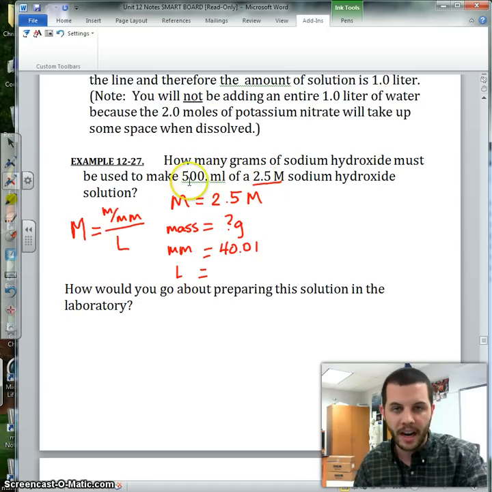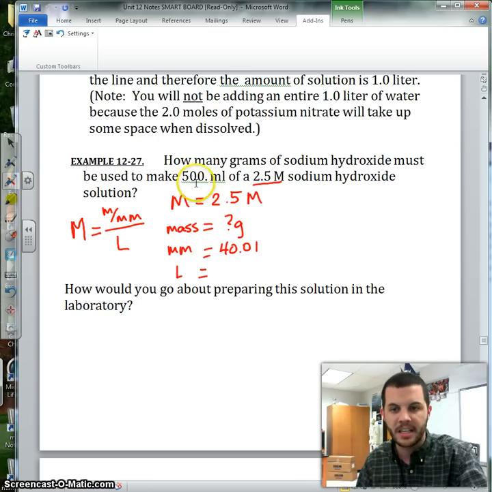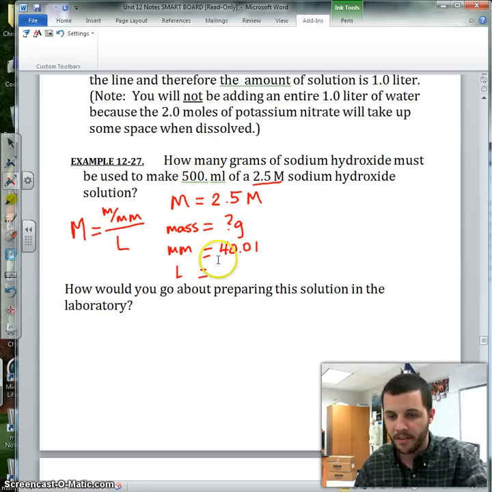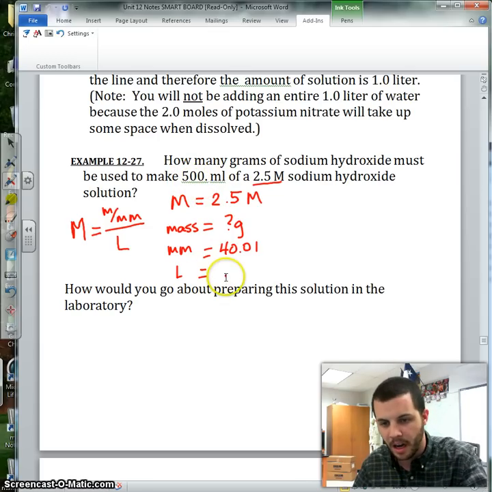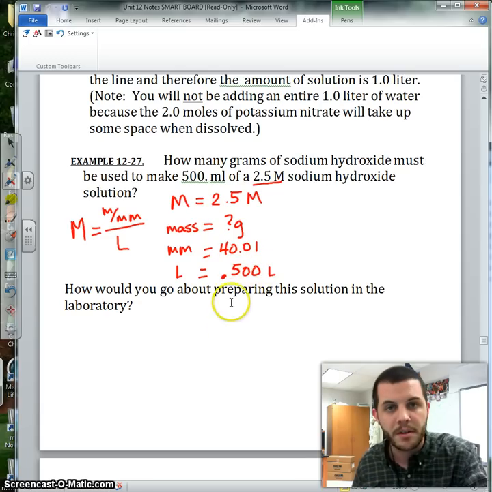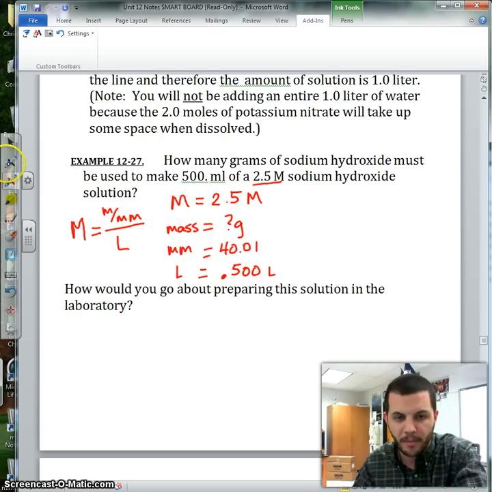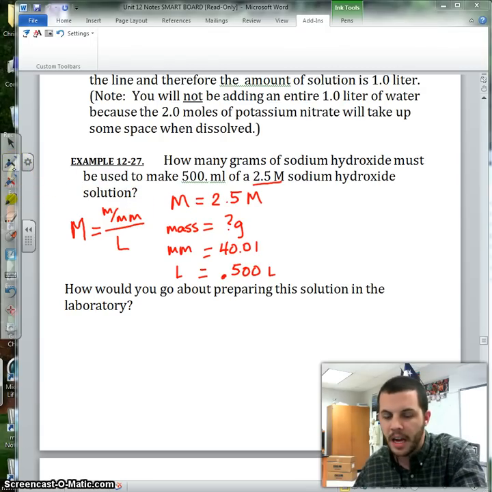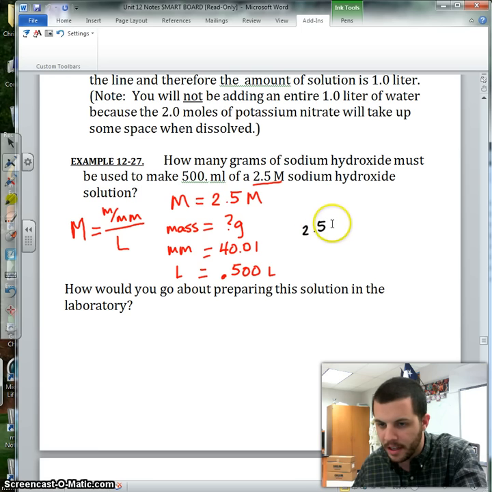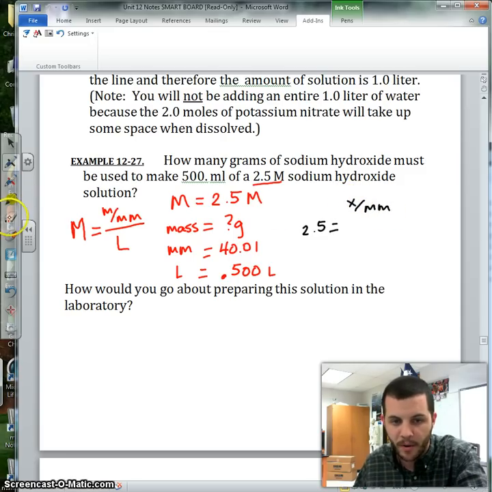I can convert this by dividing that number by 1,000, and of course, that's going to get me 0.5 liters. So now all I have to do is plug and chug right into my formula. I'm going to change colors, and we're going to go 2.5 equals x over molar mass. Oh, I know my molar mass though, so let me go ahead and write that in.